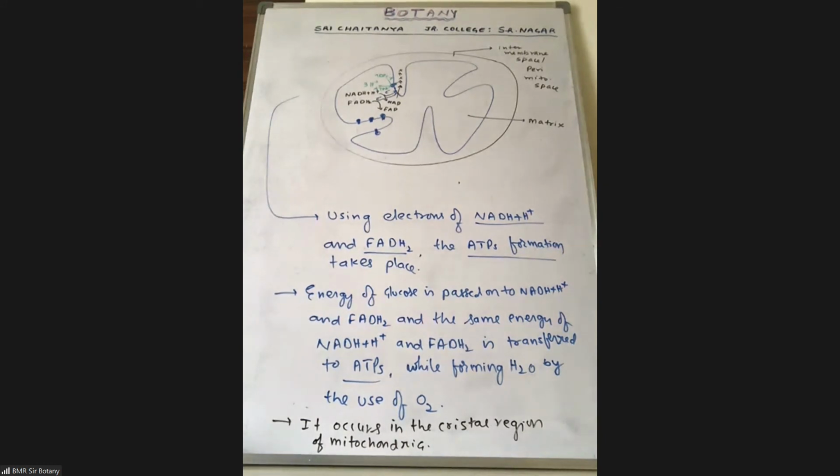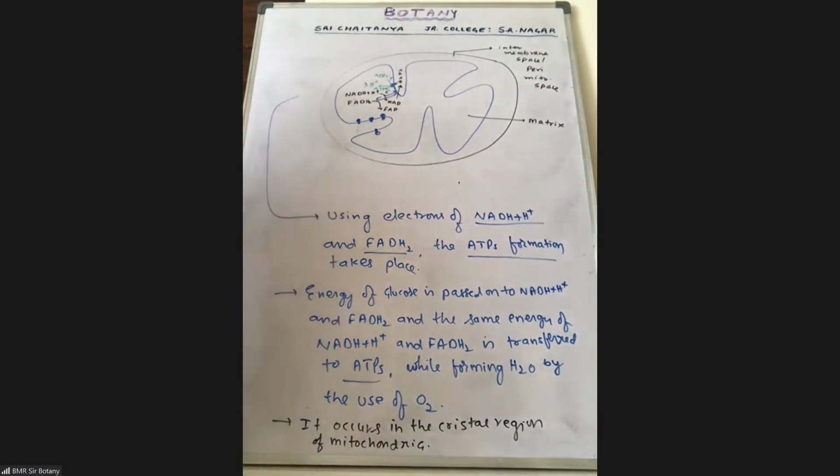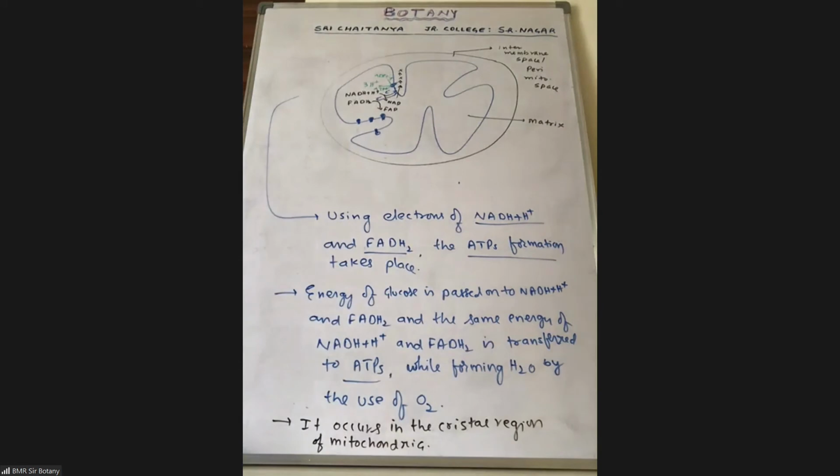So with the help of various electron carriers, which include cytochromes, while talking about iron, you are saying part of electron carriers like cytochromes.